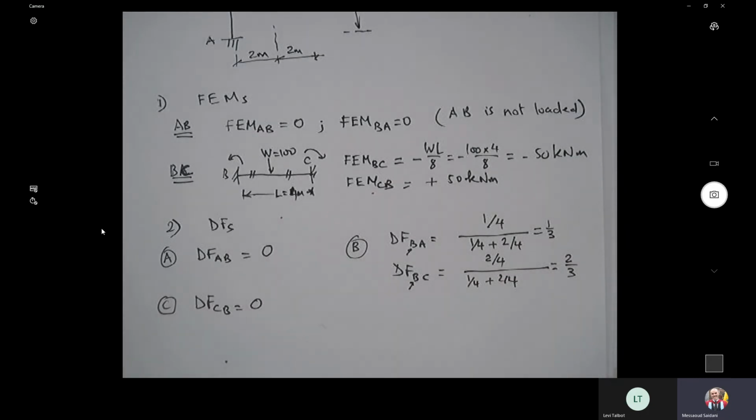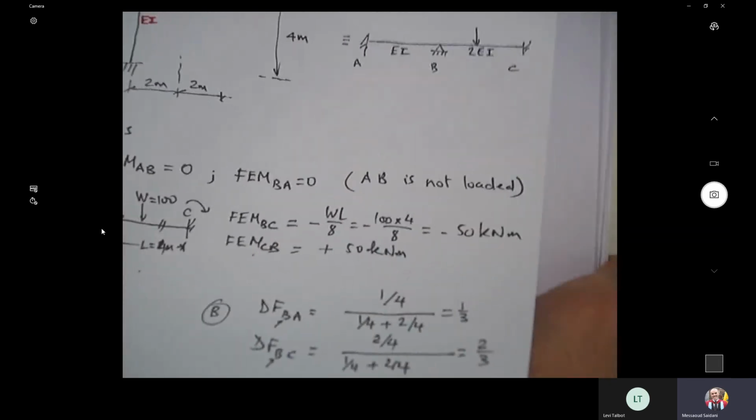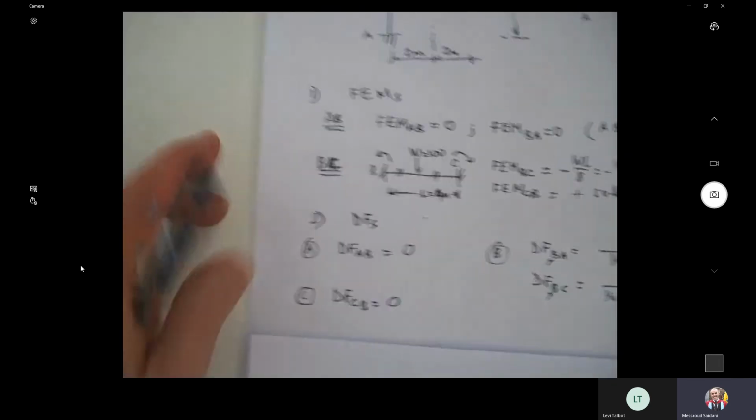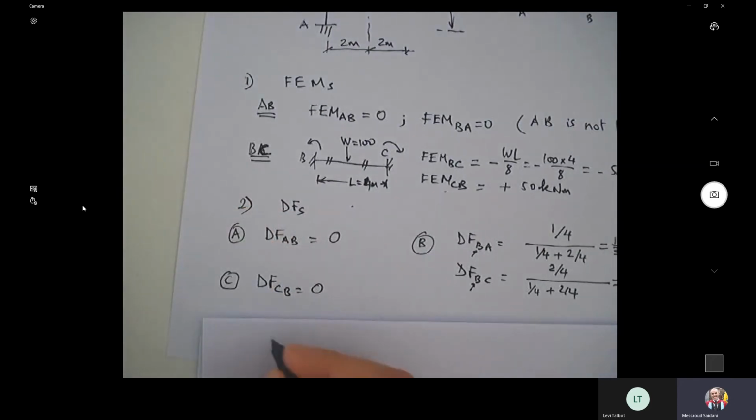So now we've got everything that we need to construct the moment distribution table. If there is anything not clear, please just ask. Right, so let's do the moment distribution table.